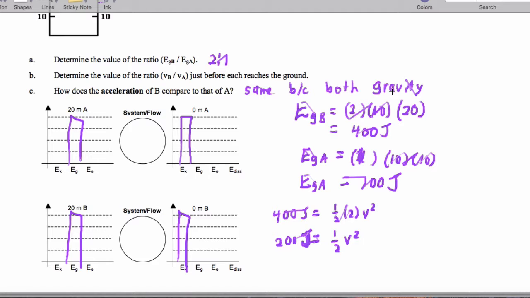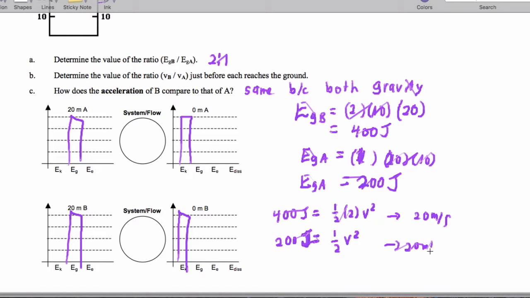When we do our math, 1 times 2, 20, that's 200 joules here, so we got a 2-to-1 ratio. So we end up getting 20 meters per second for each speed.